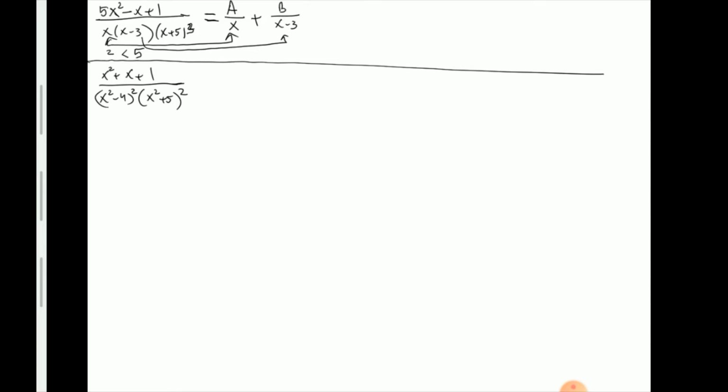And now notice here x plus 5 is of multiplicity 3. So it will require 3 partial fractions with all multiplicities from 1 to 3. So you will need c over x plus 5 plus d over x plus 5 to the power 2 plus e over x plus 5 to the power 3. So corresponding to that factor x plus 5 to the power 3, you need these 3 partial fractions of type 1.